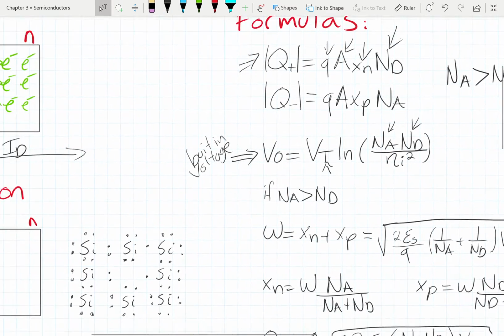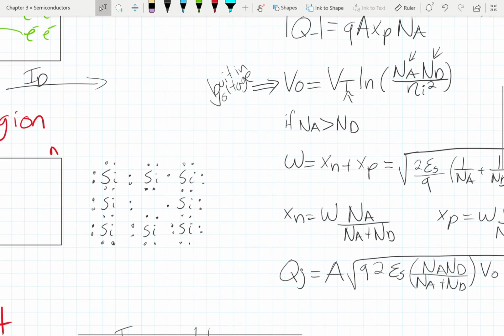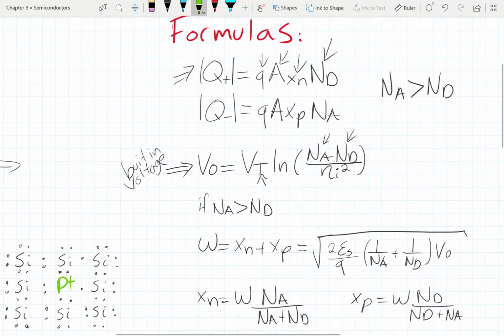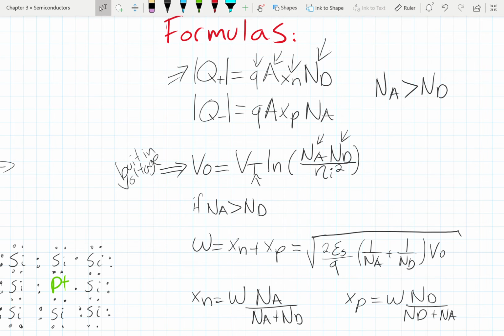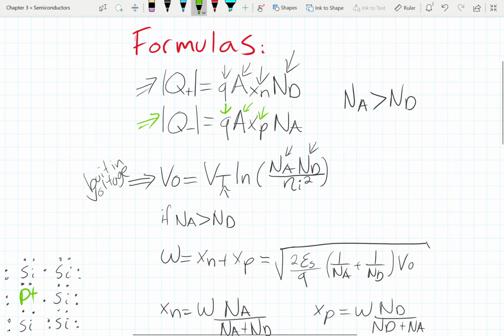Why donors? Because remember that our phosphorus, which is a donor, had a positive charge. A similar thing happens with the negative charge: you have the electron charge, the cross-sectional area, the width of the P side, and the acceptor concentration.